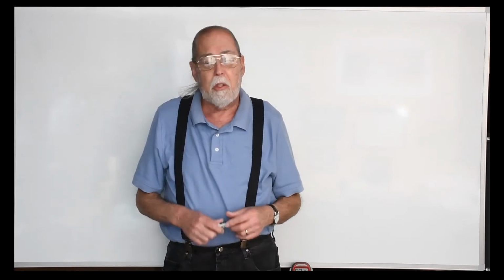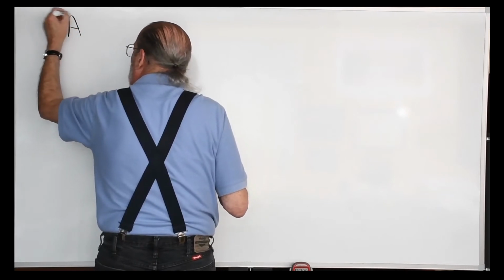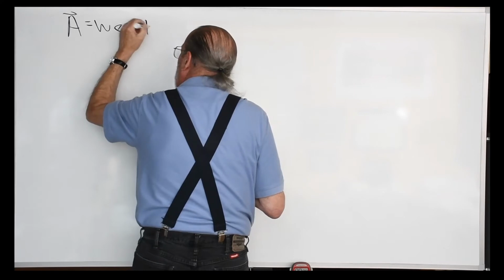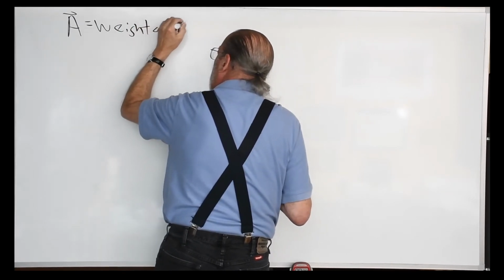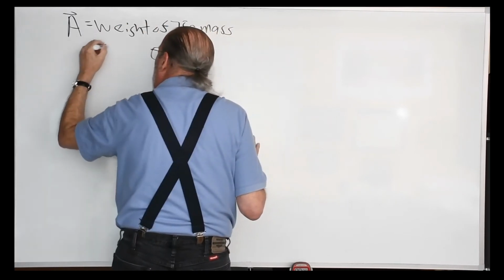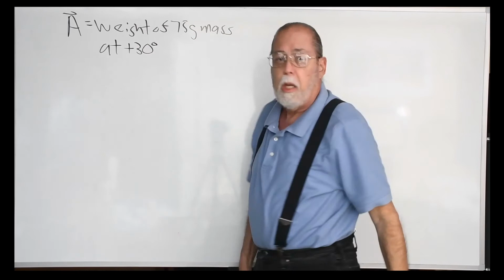Now, the two vectors that we are going to add are: A is a vector that is equal to the weight of a 75-gram mass at plus 30 degrees.